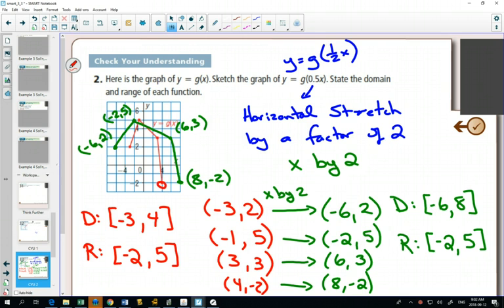Then on my green graph, I would write an open circle, and that would cause my smallest value, negative 2, to be a round bracket for my range. It would also cause my largest value of 4 to be a round bracket. So that's what it would look like if it wasn't included. Good question.